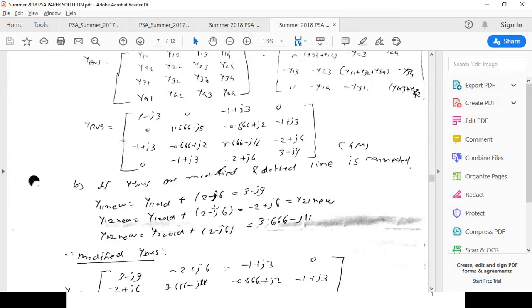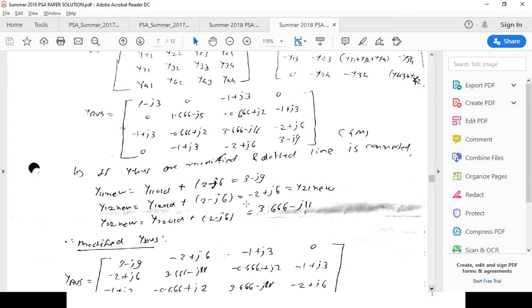So it will be added to the Y-bus elements related to those buses in which the modification is being done. So in this case, Y12 new is equal to Y12 old plus 2 minus j6. You will get the new value of Y21, and Y22 new is equal to Y22 old plus 2 minus j6, that is 3.666 minus j11.